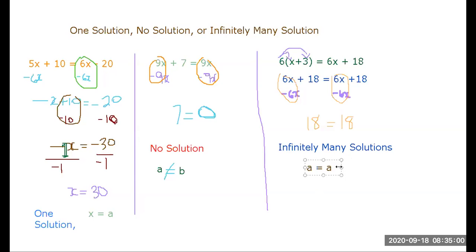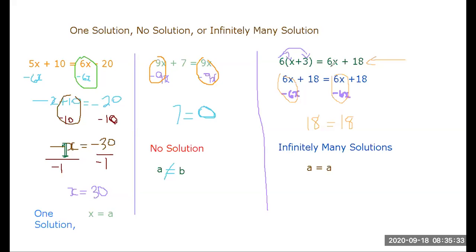So if we look at all these equations, when I solve and both sides are equal, if it was 0 equals 0, 3 equals 3, 4 equals 4, a clock equals a clock, Eisenhower equals Eisenhower, whatever it is, a equals a, then infinitely many solutions. So this equation has infinitely many solutions.